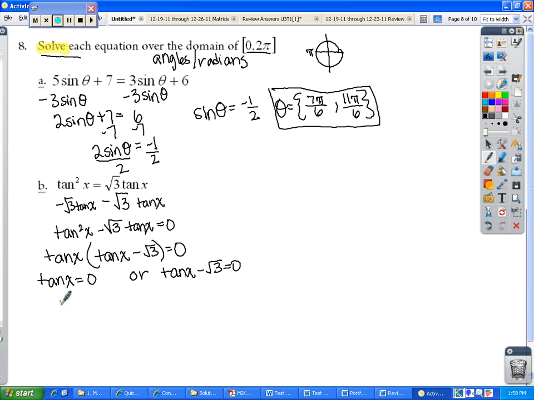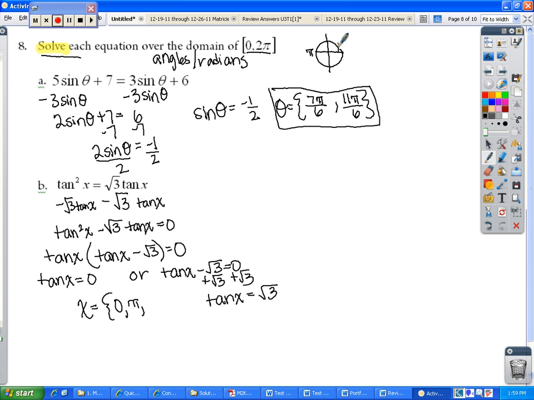Okay? Now you need to think to yourself, on the unit circle, where is tan of x 0? Well, tan of x is 0 at 0 and pi. So therefore, those are two of my possible solutions, 0 and pi. Now, I have to add root 3 to both sides, and you have to think to yourself, where is tan positive root 3?